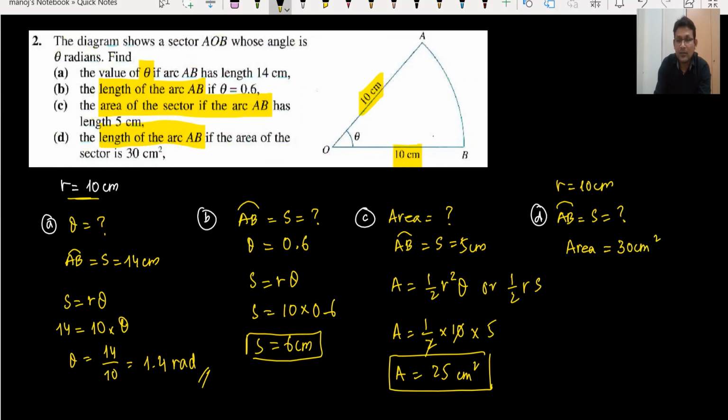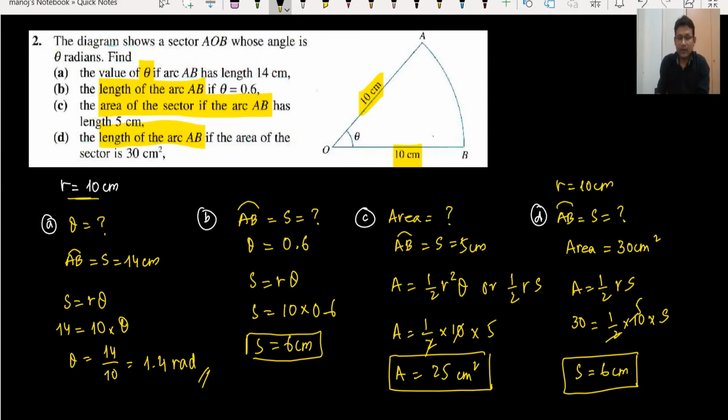So I will use the half RS formula. Area is 30 centimeters square. R is 10 and S is required. Yes, half of 10 is 5, and the AB arc is 6 centimeter, and we have done.